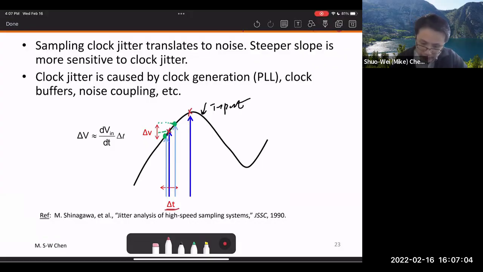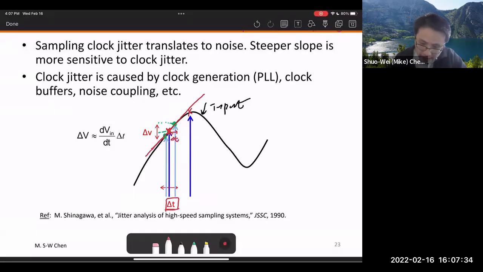So if I take the derivative around this red cross point, you should get this straight line, right? That's a slope around the sampling instant. Then you multiply the slope of this linear approximation line with the delta t shift, which is on the x-axis.